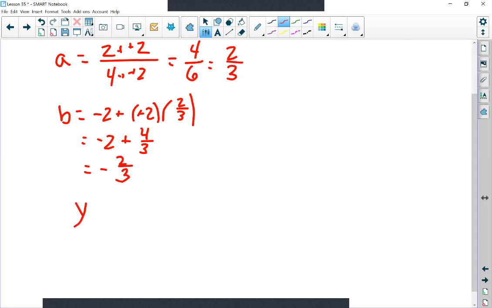So y equals 2/3 x minus 2/3, or plus negative 2/3 if you would like, or f of x equals 2/3 x minus 2/3.